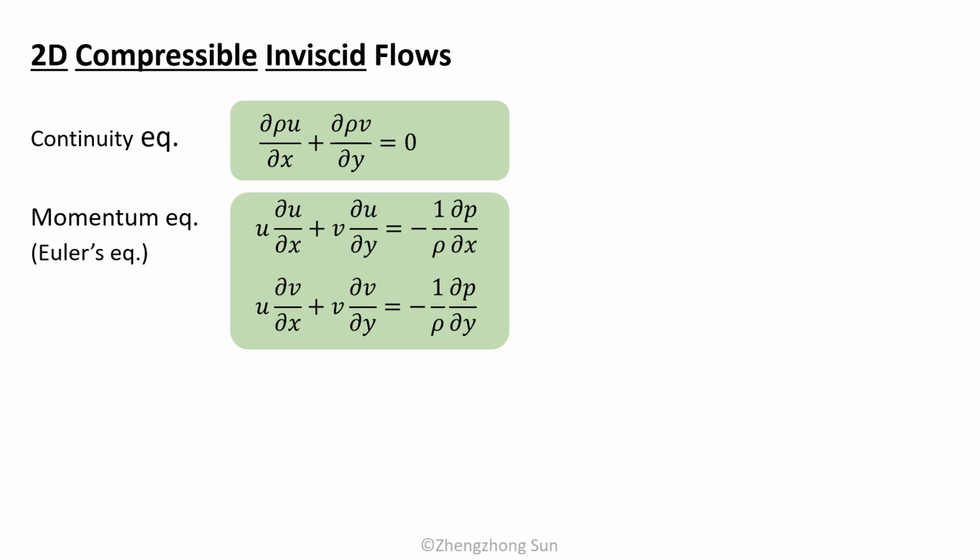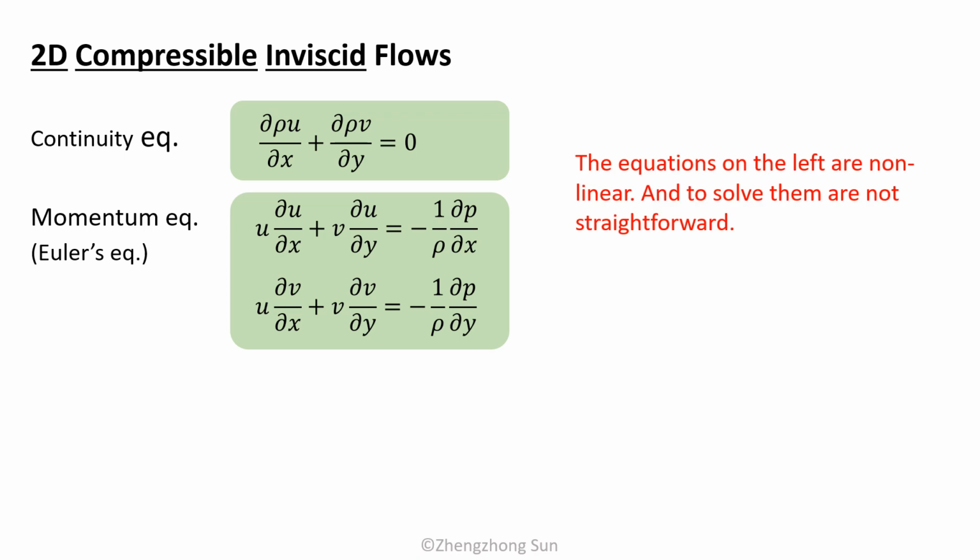Since we take into account the density change, in the continuity equation the density rho is within the partial derivative. Apparently, the three equations on the left are nonlinear, and solving them is not straightforward.